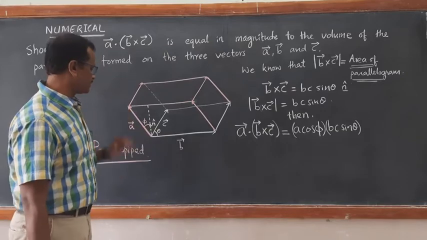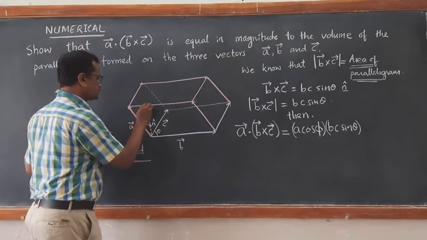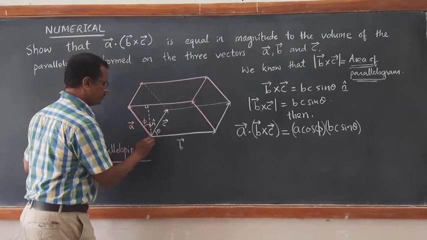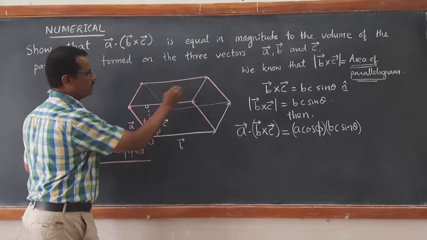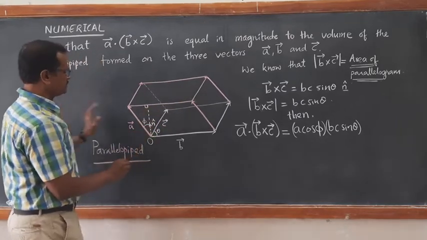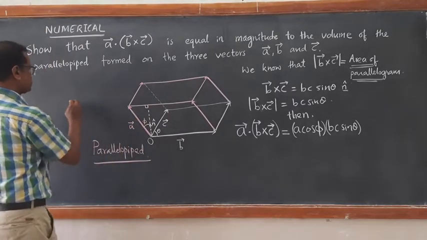Let us see from this diagram. If this is a right angle triangle, I have drawn a perpendicular from this point O onto the upper surface. So the perpendicular, if you work it out from this triangle, will it not be A cos phi?